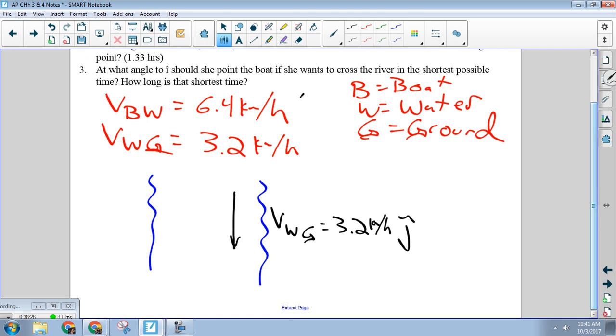So we need to find the direction here. That's kind of our question, right? What direction does she need to row in? Is that like at what angle? Yes, it's like at what angle? Exactly, yes. So, here's what we know. We know that the velocity of the boat relative to the ground is something, but what direction is it in?